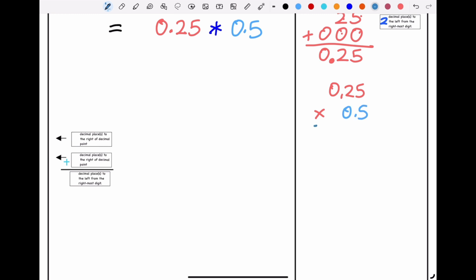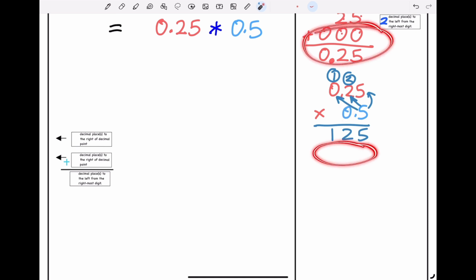And now let's multiply them together. 5 times 5 is 25, carry the 2. 5 times 2 is 10, but we add the 2 we carried, which is 12, carry the 1. 5 times 0 is 0, plus the 1 we carried, which is 1. And we could multiply with all the zeros, but we're going to get a row of zeros like we did up here. So we'll skip that step.